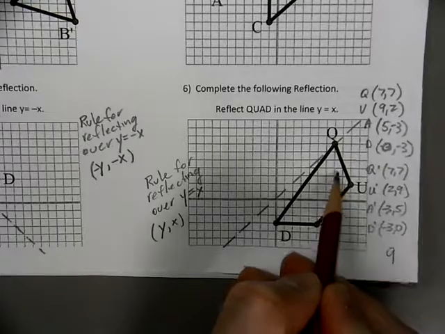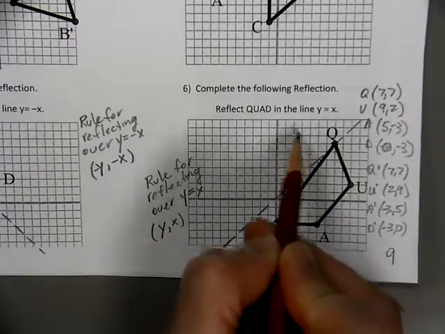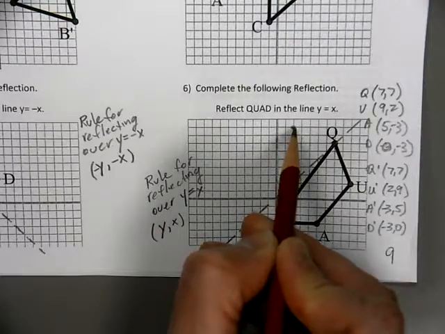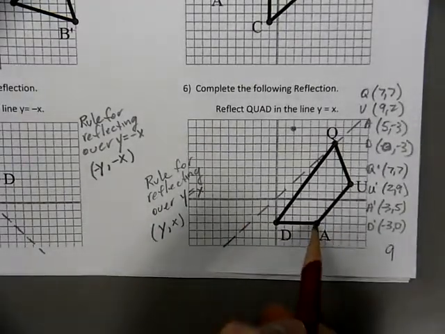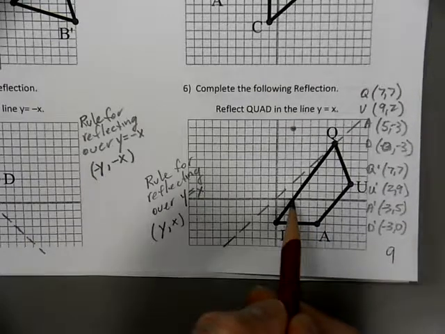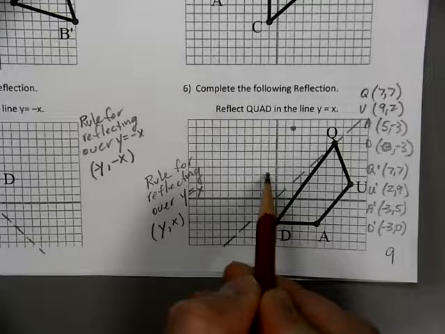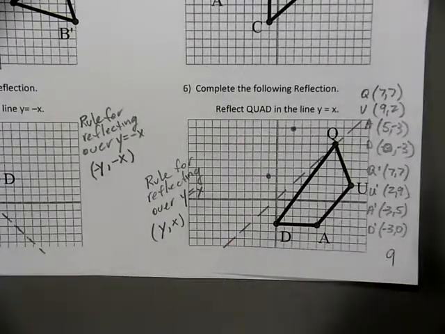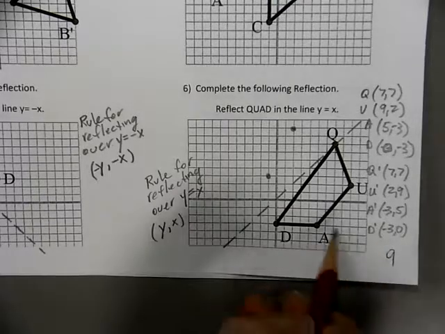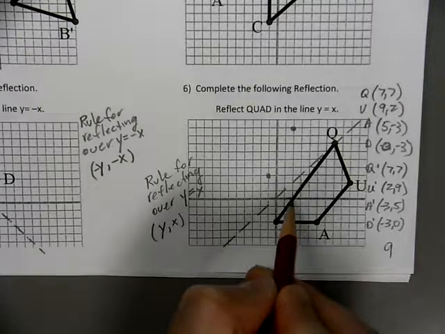The U, 3.5, over 2 up 9, over 3, sure we did that right. 1, 2, 3.